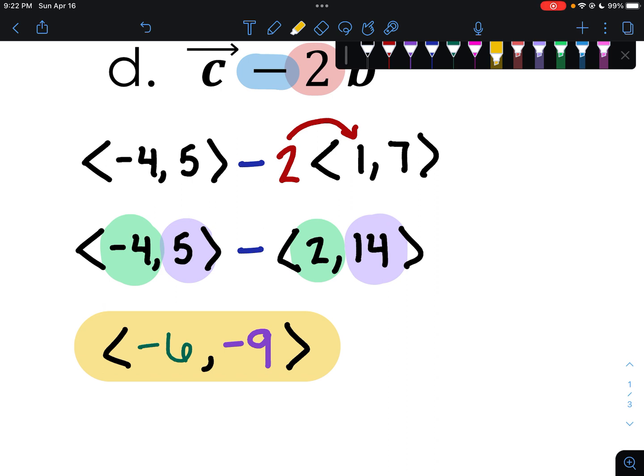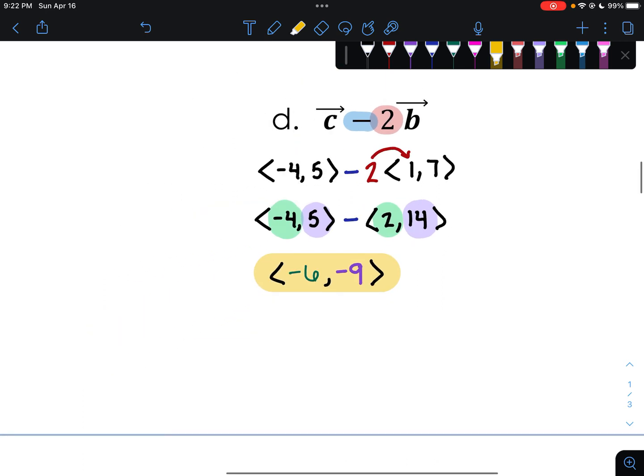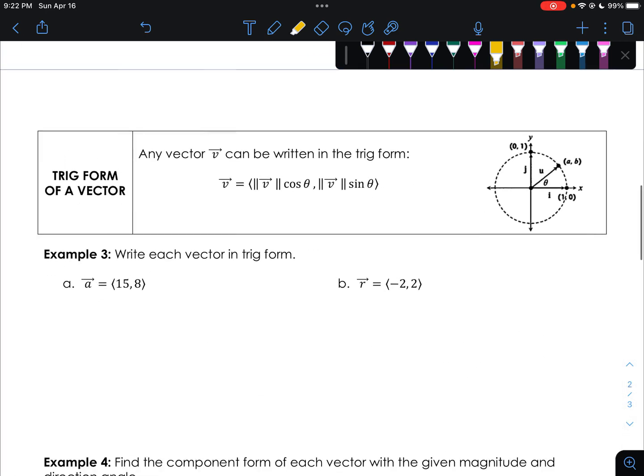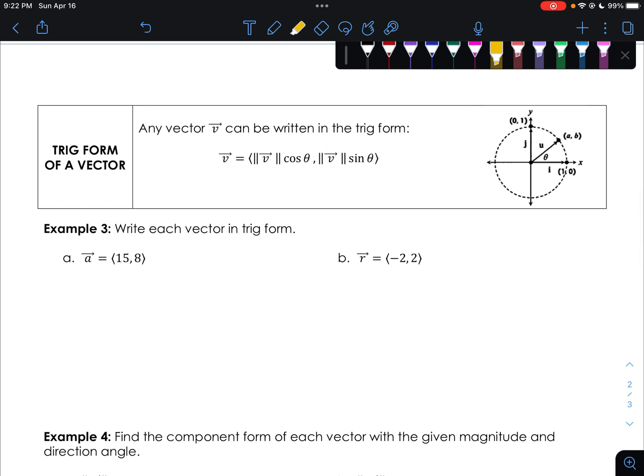Now, the next thing we need to talk about is an equivalent way of writing a vector in trig form. This is going to help us when we talk about applications with vectors and bearings.